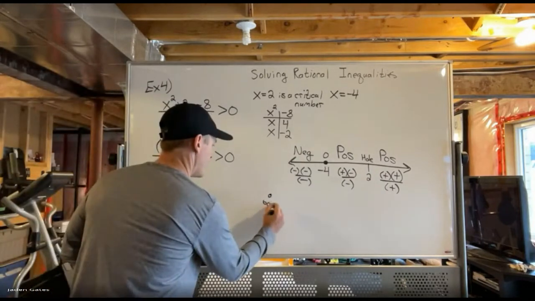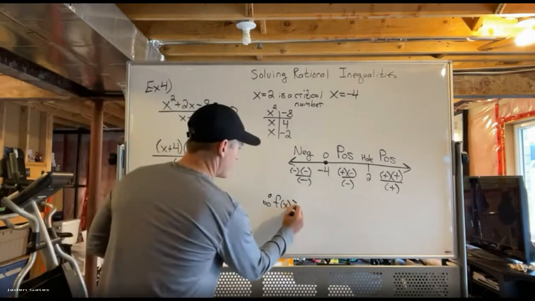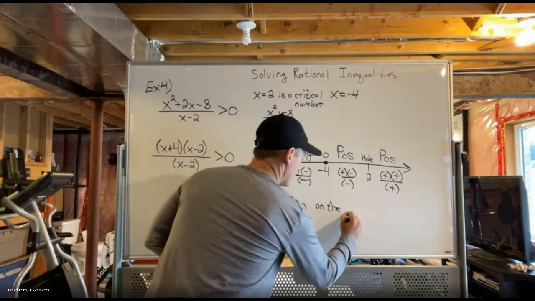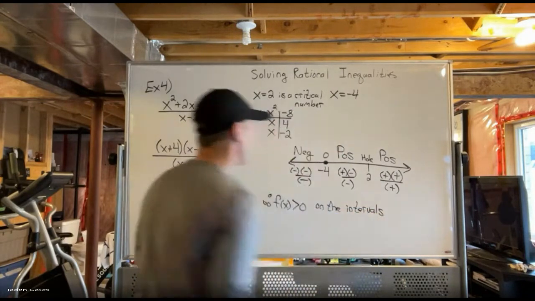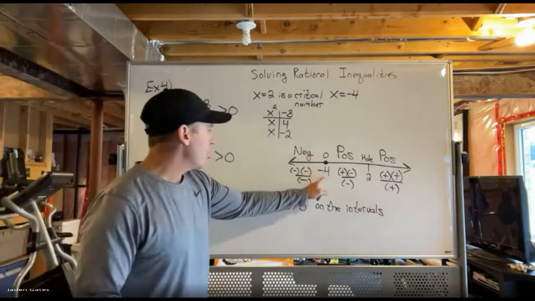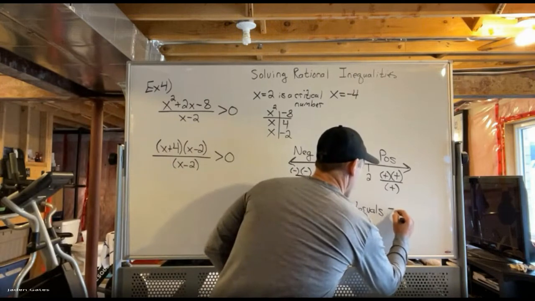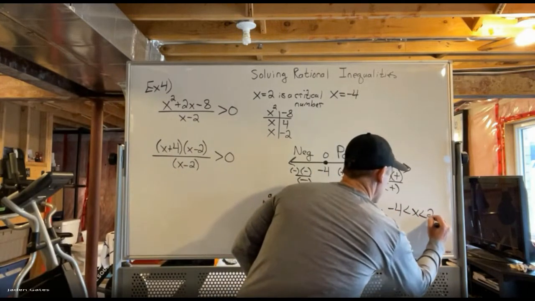Well, therefore, f of x, I'm just going to say the function is greater than 0 on the intervals, I should say, plural. Well, first off, from -4 to 2. So we can write that a bunch of different ways. -4 is less than x is less than 2.